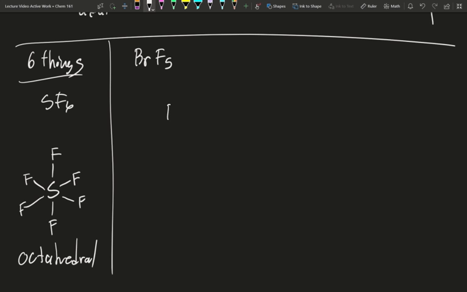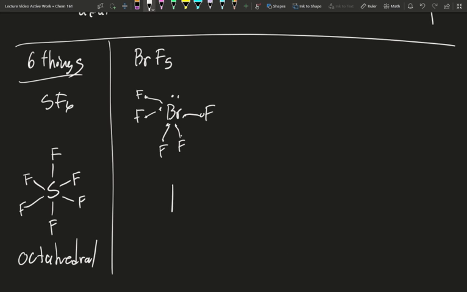BrF5. You've got bromine with its 7 electrons. You've got 5 fluorines with their 7 electrons, but we'll show just the one unpaired. Pair that and then break up 2 lone pairs, where you're going to get 6 things around bromine.